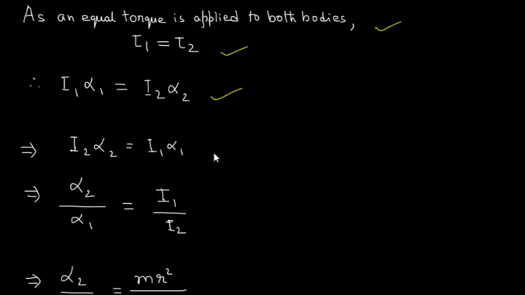We can again write I2 alpha 2 is equal to I1 alpha 1, then alpha 2 upon alpha 1 is equal to I1 upon I2.